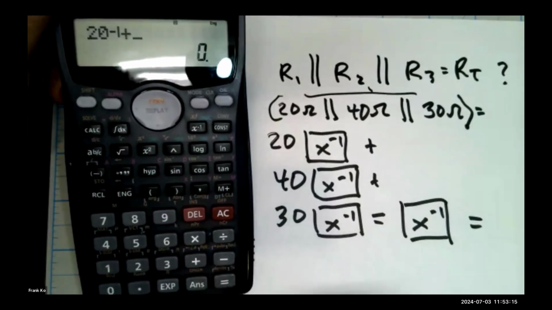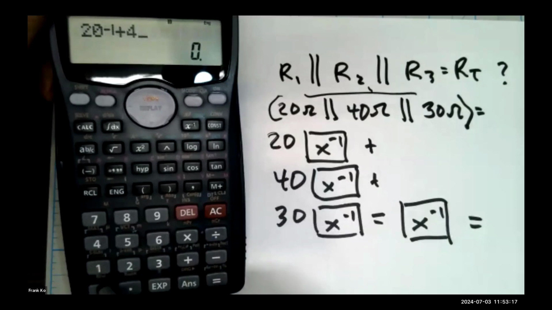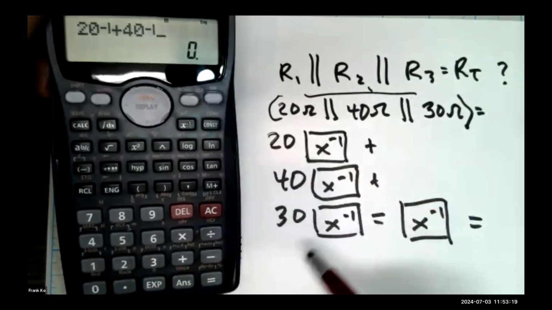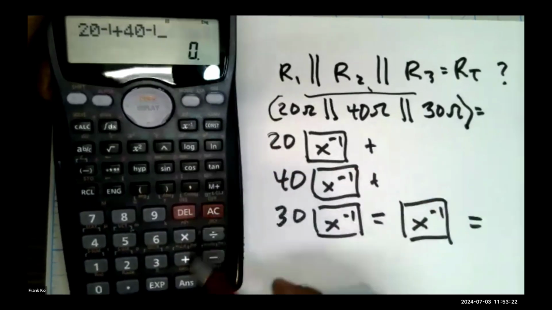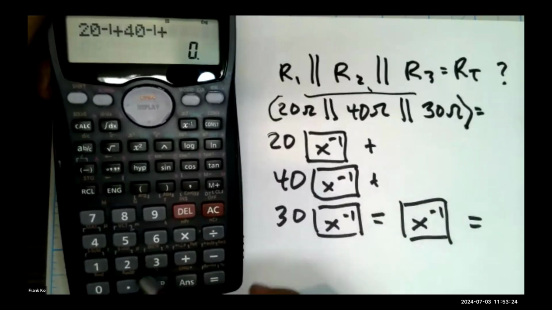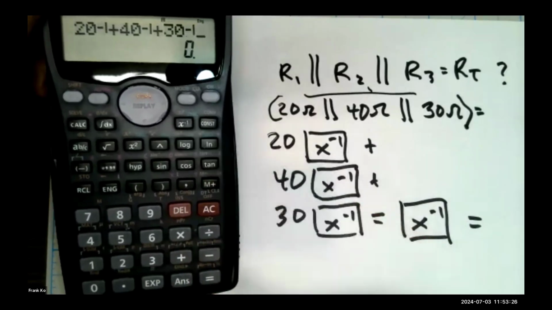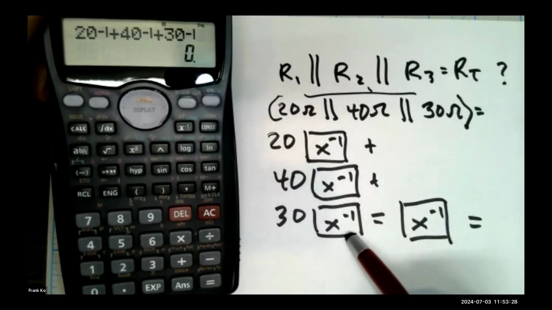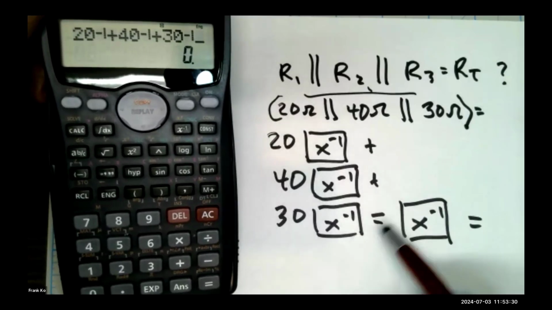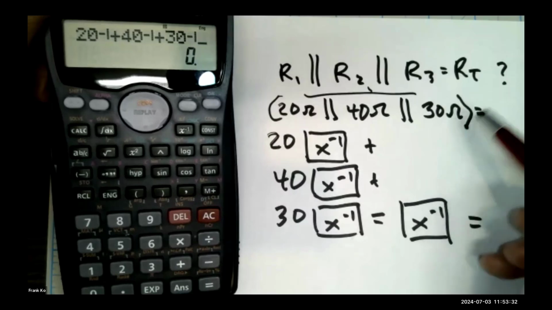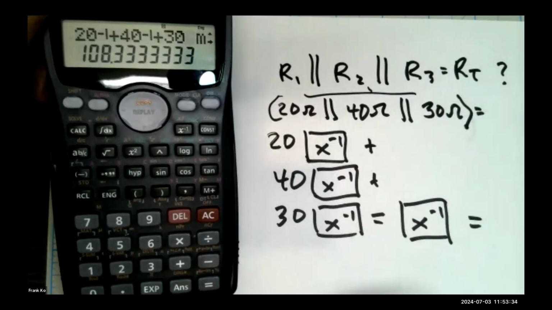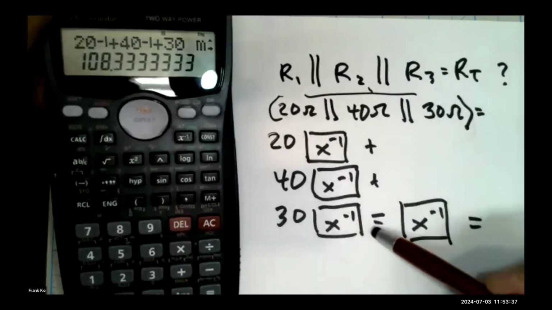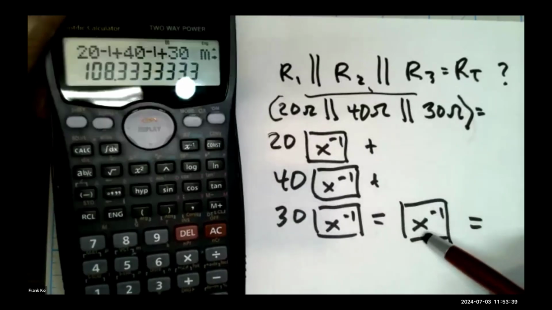And then I'm going to add to the next 40 reciprocal, and then add, got to hit the add button, 30, hit the reciprocal. Now, after this reciprocal, I do not hit add. What do I have? I have to hit equals, which closes my parentheses. So equals. And after I hit the equals, then what do I need to do? Hit the reciprocal key one more time.